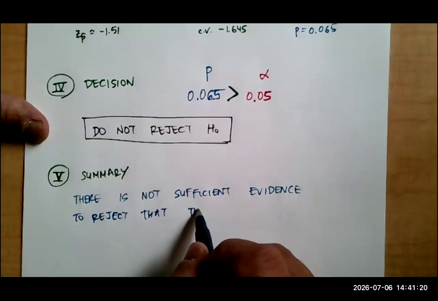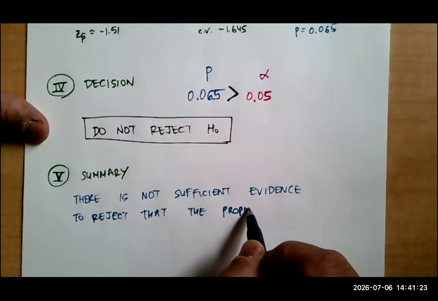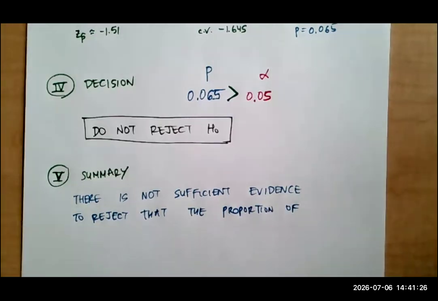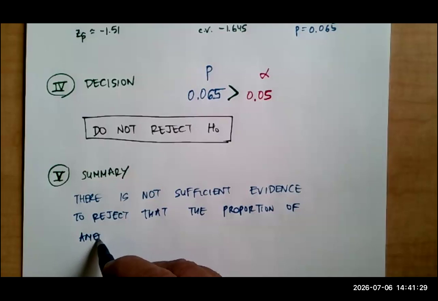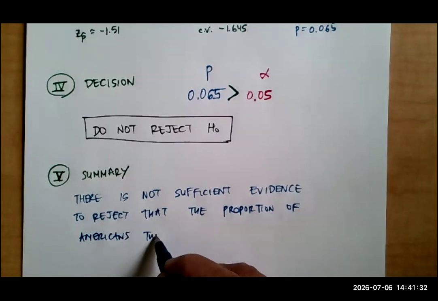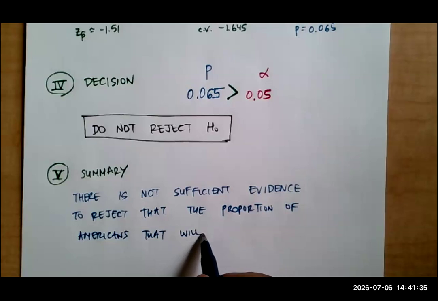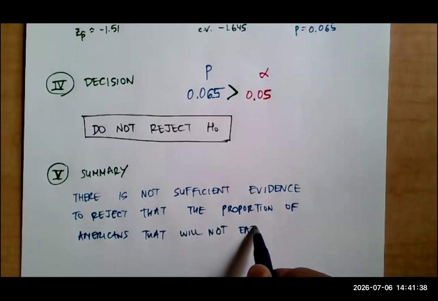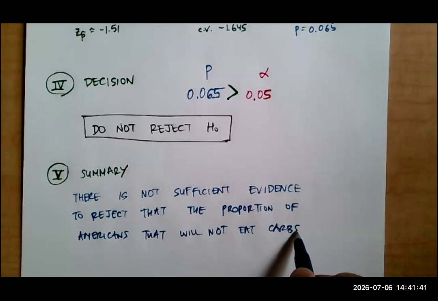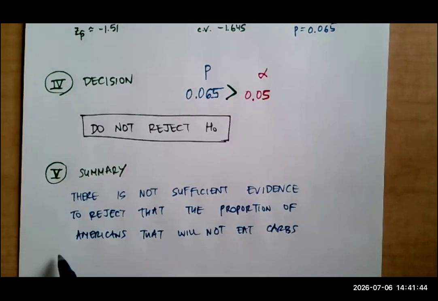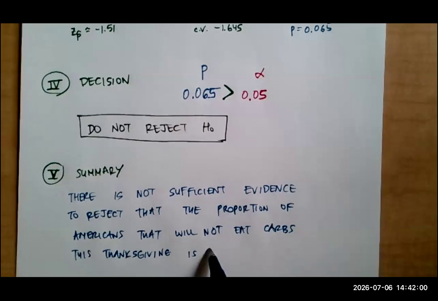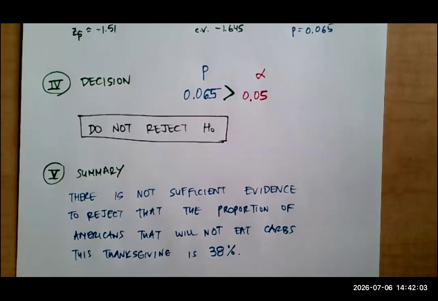that the proportion of Americans that will not eat carbohydrates this Thanksgiving, or during Thanksgiving, is, because we're still going along with what that population proportion was assumed to be, 38%.